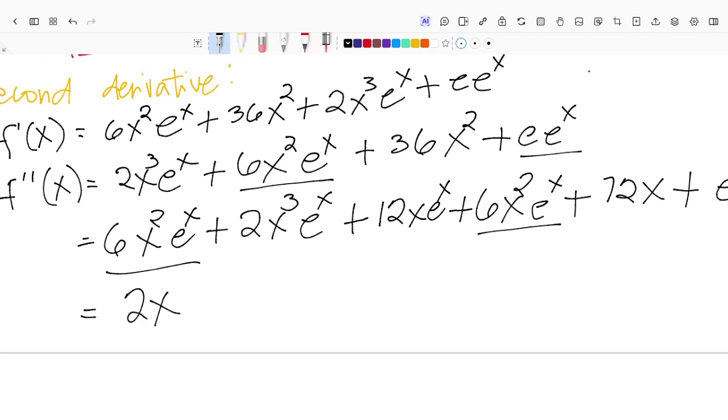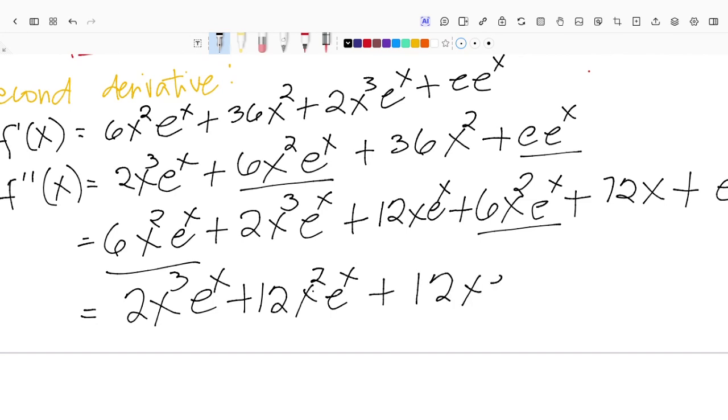We have e raised to x plus 12x squared e raised to x plus 12x e raised to x plus 72x plus e^x.